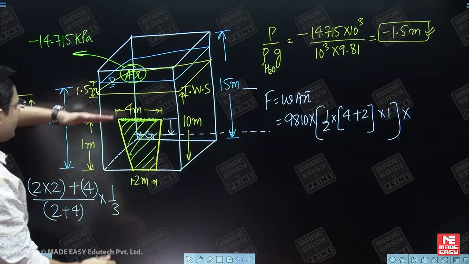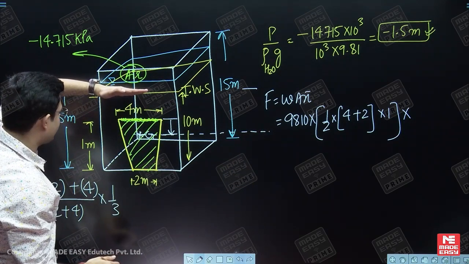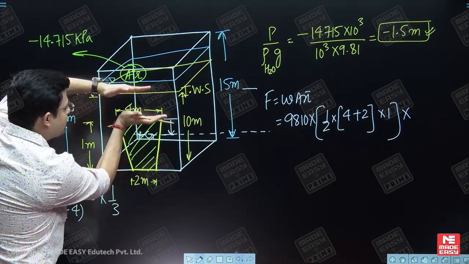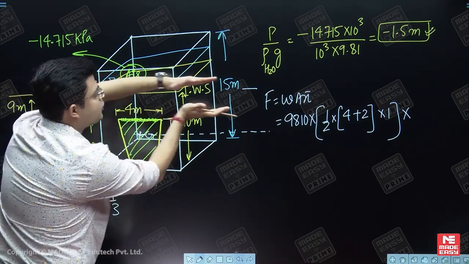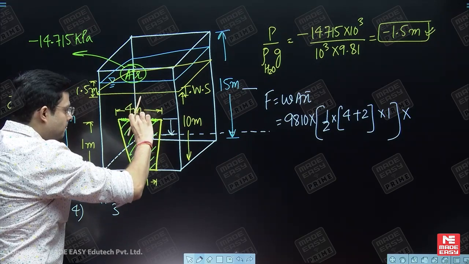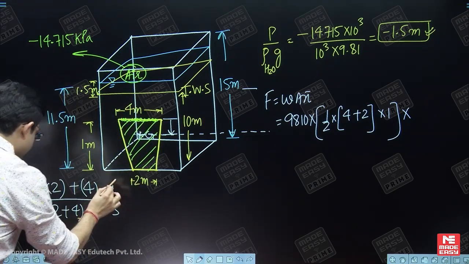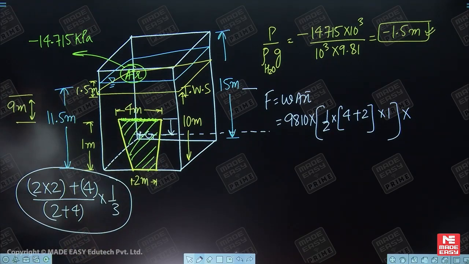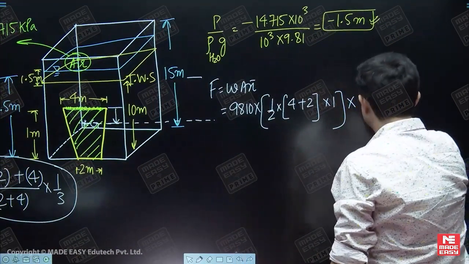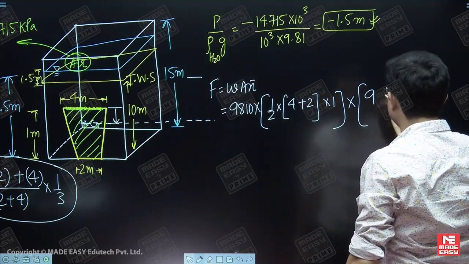From the imaginary water surface up to this point, the total height is 10 meter, but up to this point, the height is going to be 9 meter. So 9 meter plus this much distance is going to be X bar. Let me write that. X bar is going to be 9 plus.